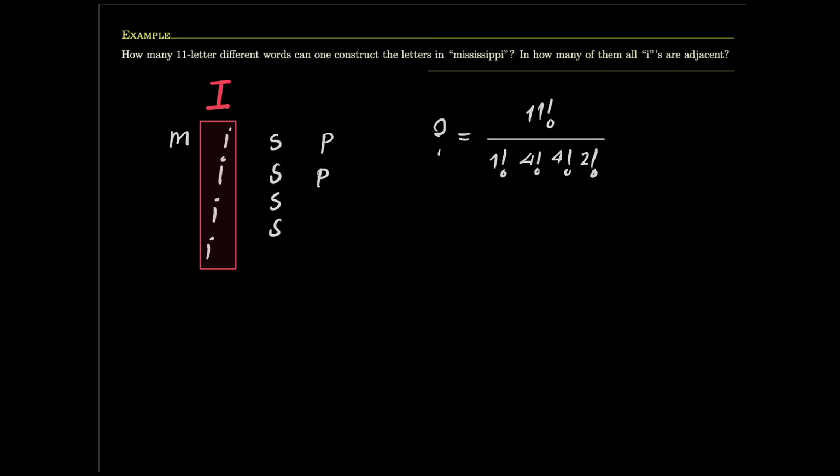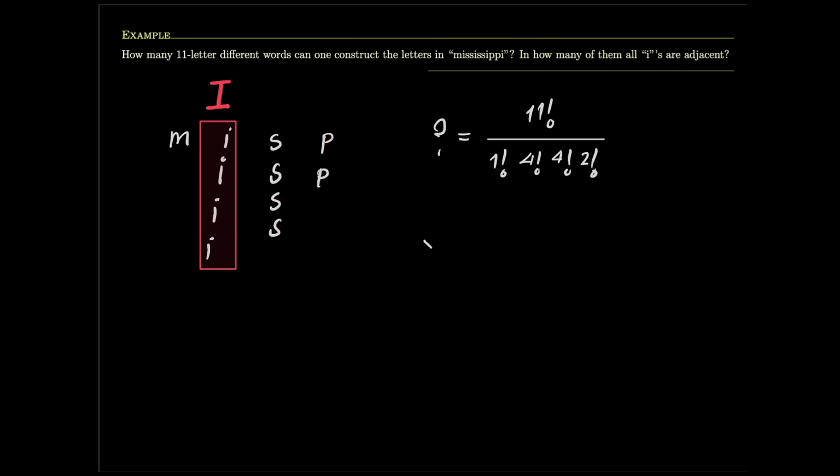8 factorial. So, not finished yet. 8 factorial, because I still have some repetitions left. Even though capital I is not repeating itself, S and P are repeating themselves. So I would say the answer is what? Let me count. 1, 2, 3, 4, 5, 6, 7, and then 8.